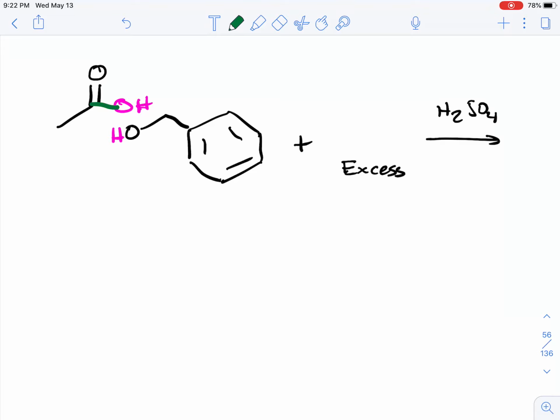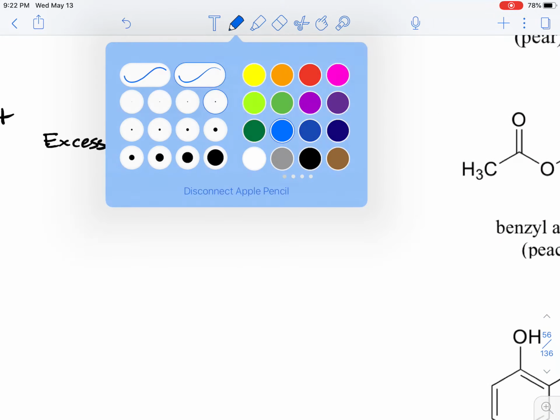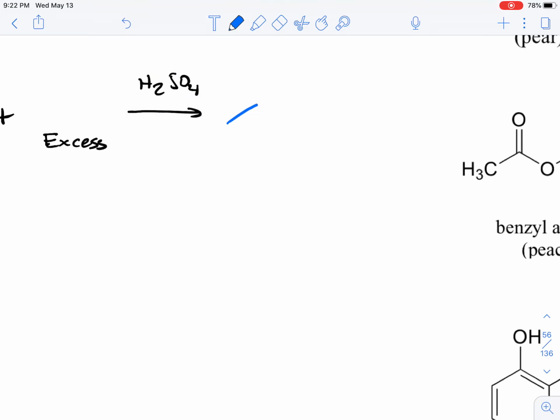And so the product that we would get is a 2-carbon carboxylic acid, and the common name for this 2-carbon carboxylic acid is acetic acid, which is typically found in vinegar. And so the IUPAC name for this 2-carbon carboxylic acid is going to be ethanoic acid.